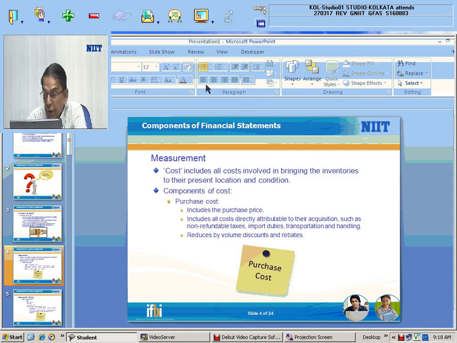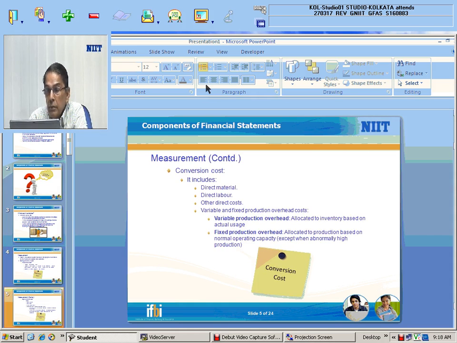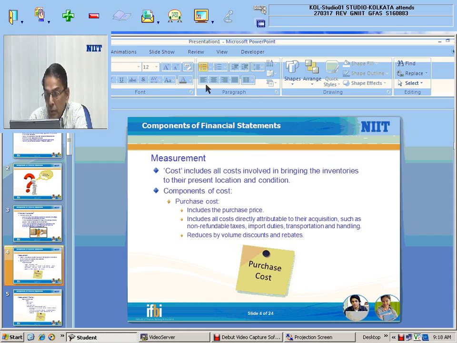So three components of cost we are discussing about. One is the purchase cost, second is the cost of conversion, and other cost. After a few slides, we'll see an example of the various components of costs which are involved in determining the cost of the inventory.